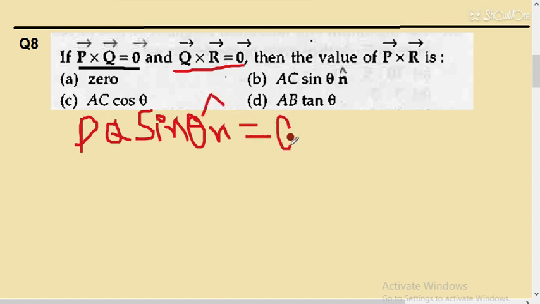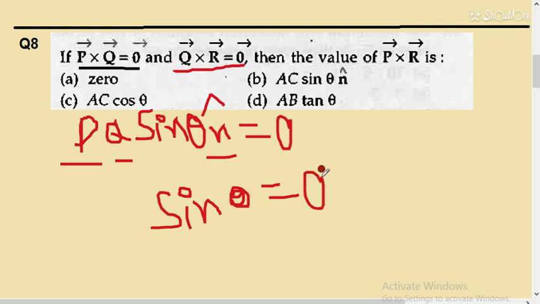So students, in which case will it be 0? n cap is a unit vector, so P is non-zero, Q is non-zero, n cap is non-zero. So what can be the 0? Sin theta is equal to 0. Sin theta is 0 for which value of theta?